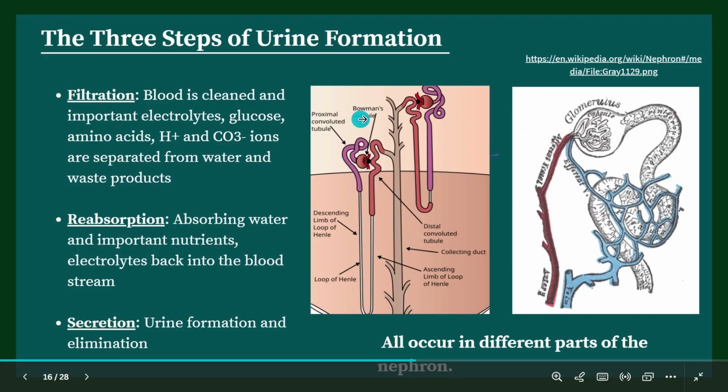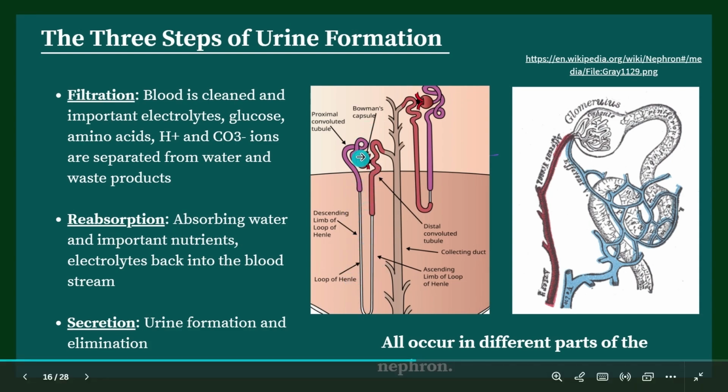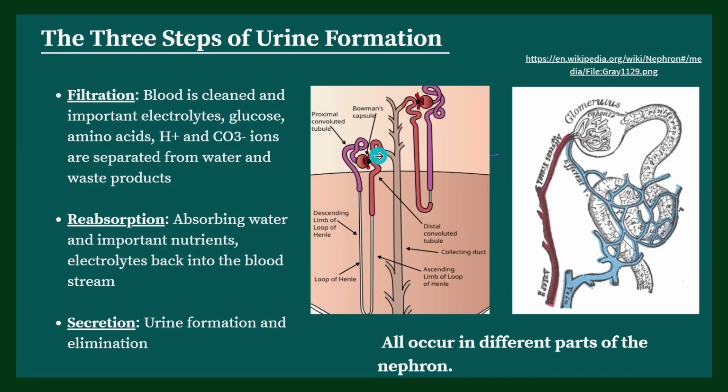This is the functional unit, a nephron, and they will absorb the nutrients and the water that our bodies are supposed to keep to put back into the bloodstream. And everything that our body doesn't want goes through this hairpin and goes down into the duct and out the ureters.